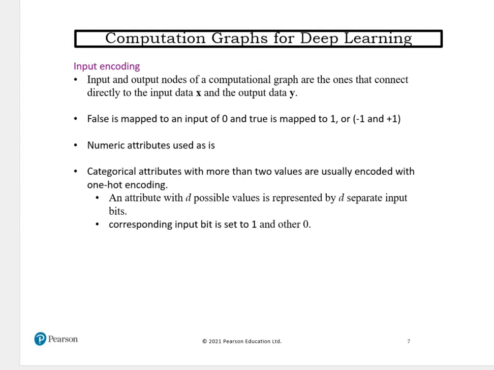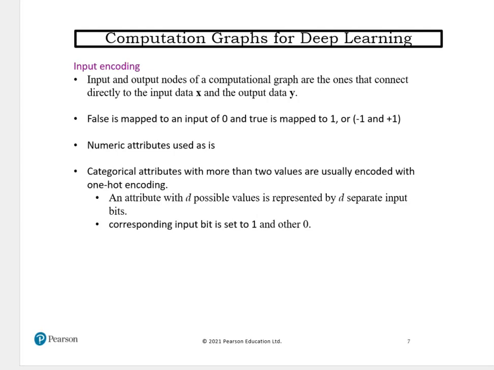Then we consider the output layer, where the outputs y hat, as we call them, are compared with the true value y to derive our loss function, which will then allow us to tune the weights. And finally, we will look at the hidden layer. So the first step is to encode the input.